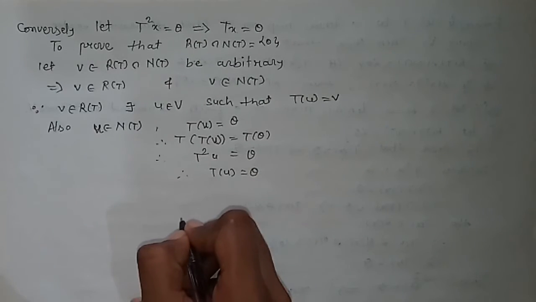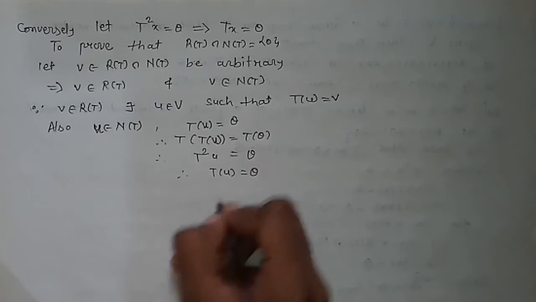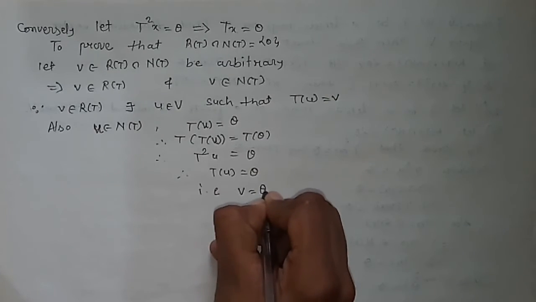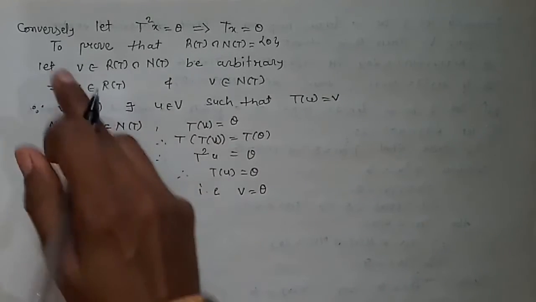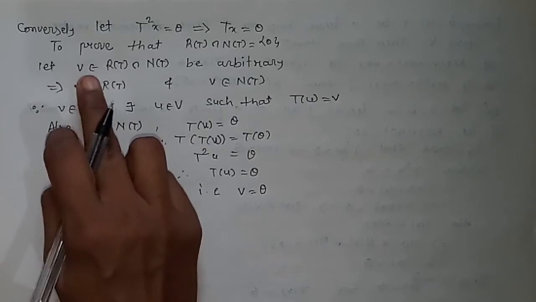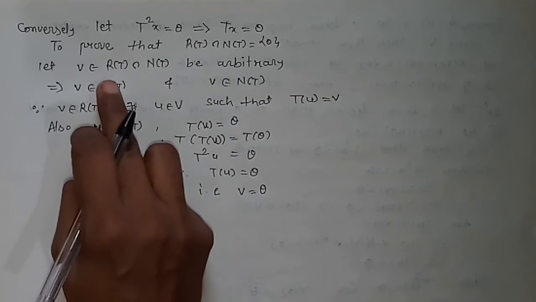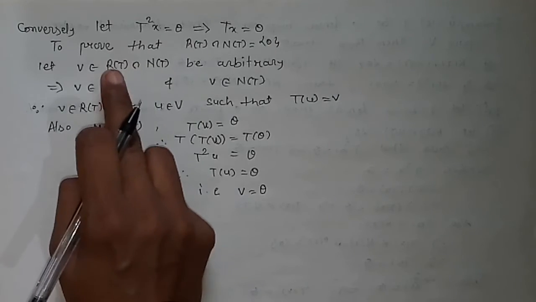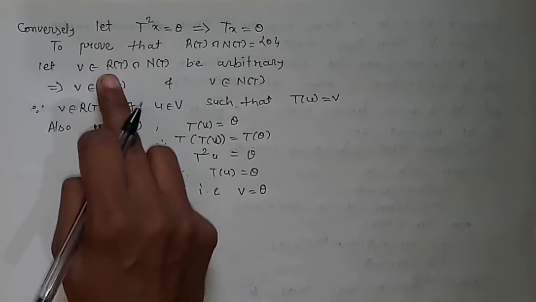If T of U is equal to theta, but T of U is nothing but V, that is V is equal to theta. We have chosen V arbitrarily, and we are assuming that this V is an element of the intersection of R of T and N of T. So V is nothing but 0.